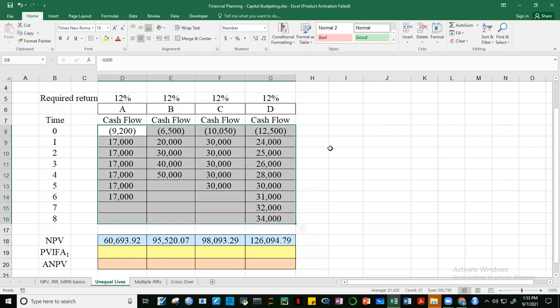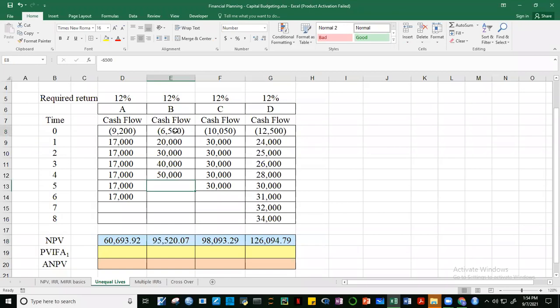So we cannot compare actually D and B kasi si B hanggang year 4 lang. So si C hanggang 5. So hindi natin pwedeng sabihin na mas maganda si D kaysa kay C. Kasi si C, ang NPV 98, si D 126. Neither can we compare si C at saka si B. Although sabihin natin na konti lang difference sila.